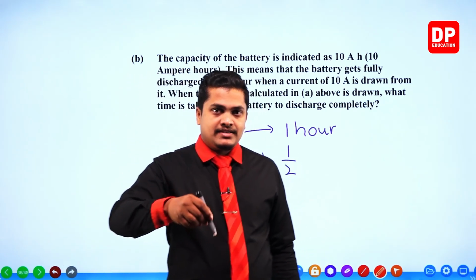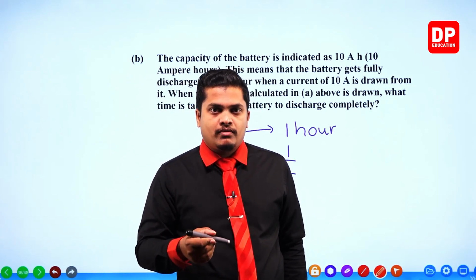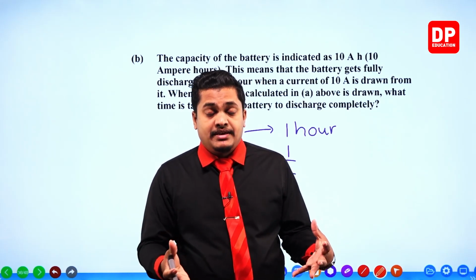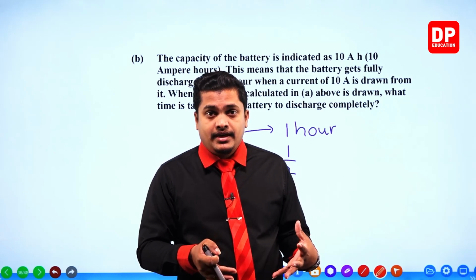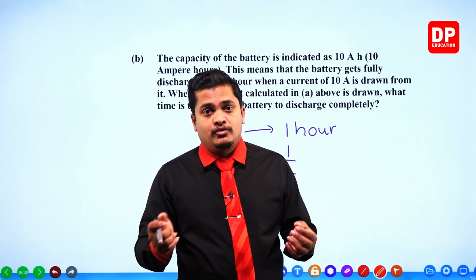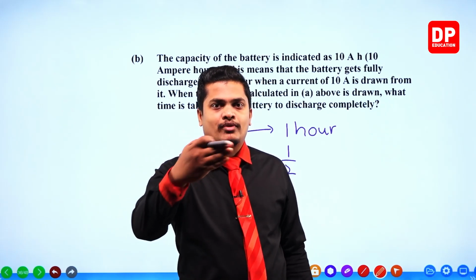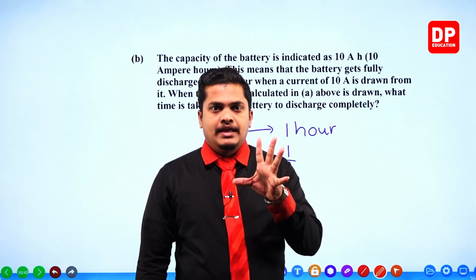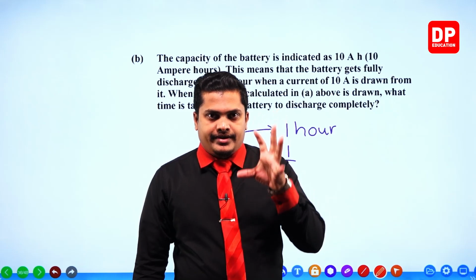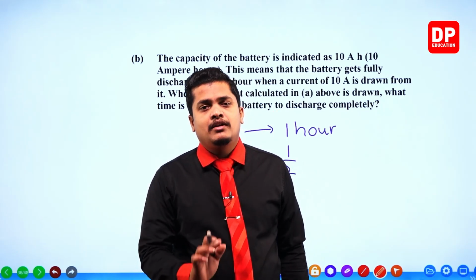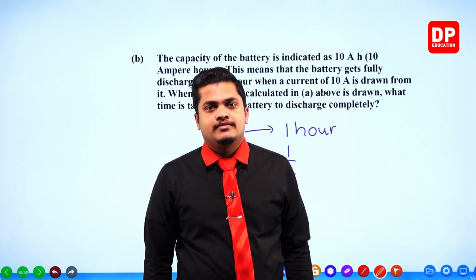If 10 amperes high current is drawn out from a circuit, we can use it for 1 hour. Then what will happen if the current is going to reduce? Definitely, the time that we can use the battery will increase.